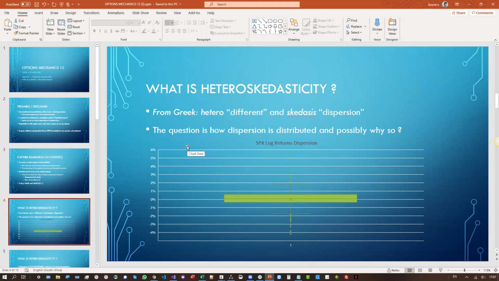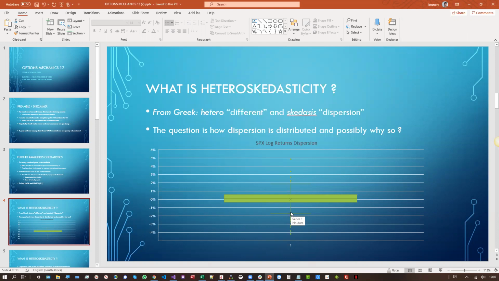The first thing you can look at is the log return dispersion. Of course, there are a lot of occurrences around the mean, or very small variations day to day, and you've got those black swan or white swan, really large moves. But the dispersion is there.